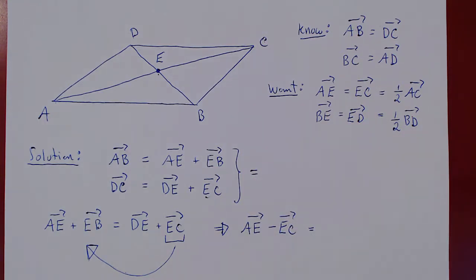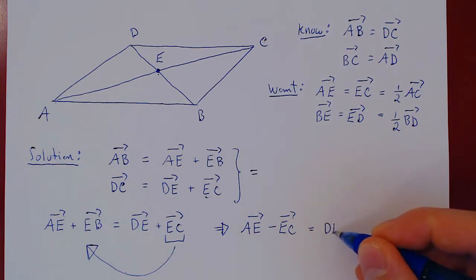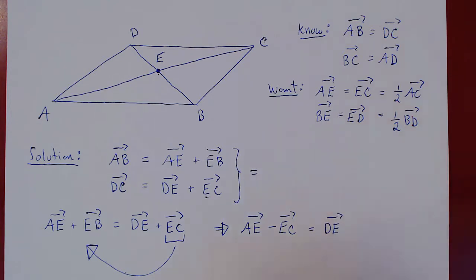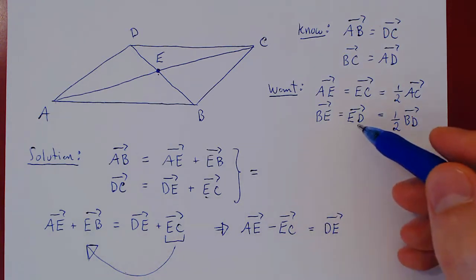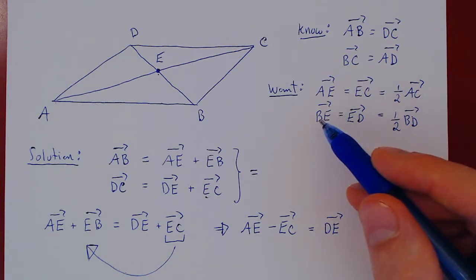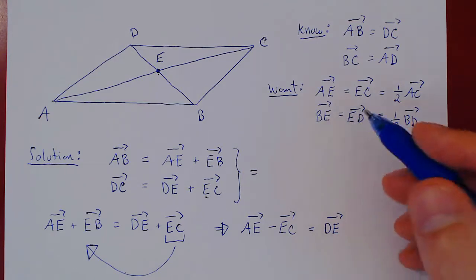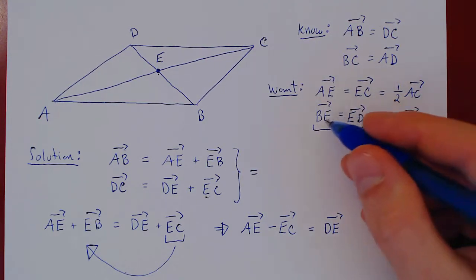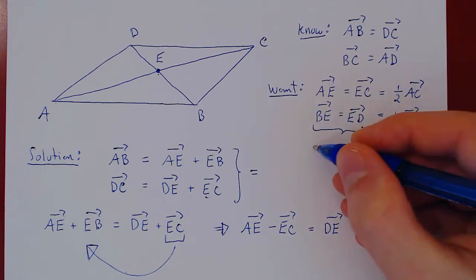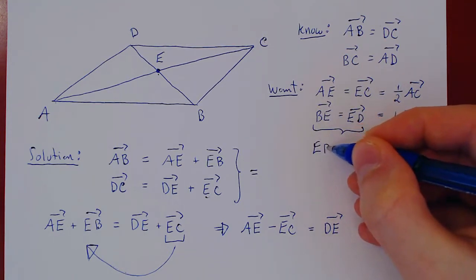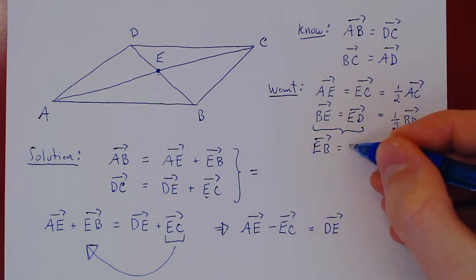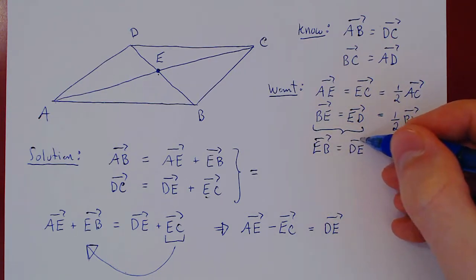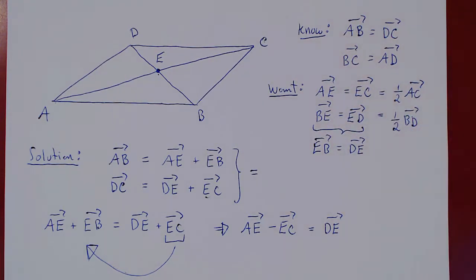And that will be equal to, well, vector DE, we're leaving it here. And now we're going to send, because think of it as, well, either BE equals ED, or this is the same statement as if you reverse both vectors, the same as saying that EB equals DE. Right? This will prove the same thing.